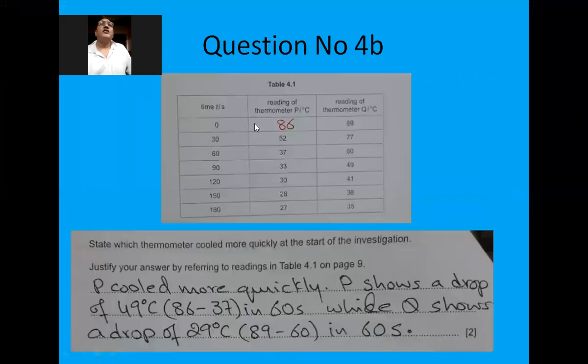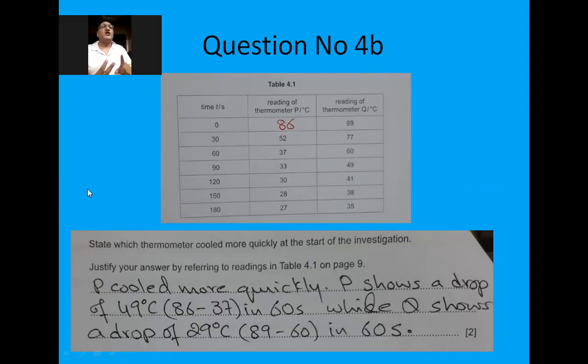So for the thermometer P, you see in the first 1 minute, in the 60 seconds, the temperature dropped from 86 to 37, which is 49 degrees centigrade. And for the thermometer Q, the temperature dropped from 89 to 60 in the first 60 seconds, which is a drop of 29 degrees centigrade.